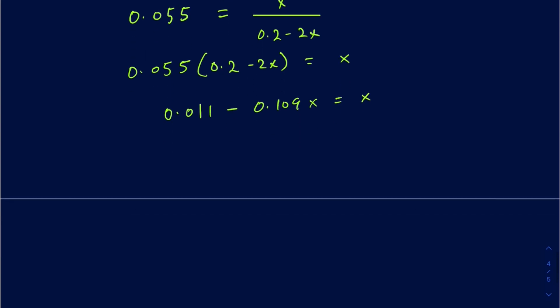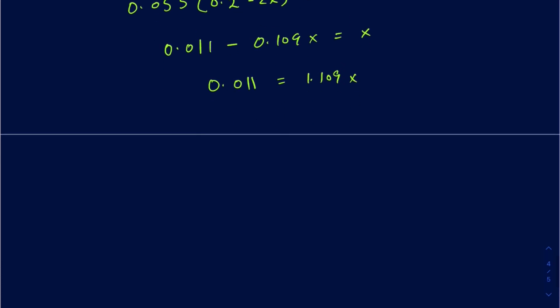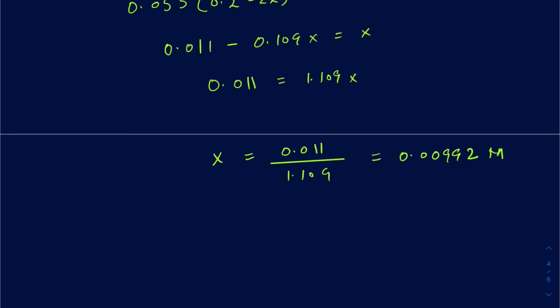So take your x terms on one side, so that's going to be 0.011 equals 1.109x, and then your x is going to be 0.011 divided by 1.109, so it's going to be 0.00992 molar. So that's going to be your x value.